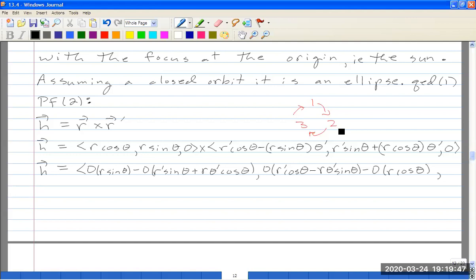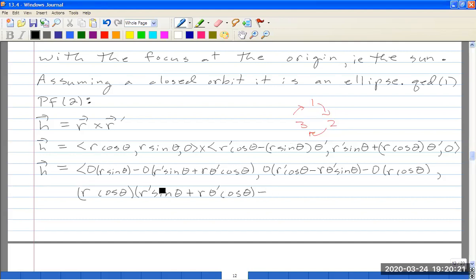So 1, 2. R prime sine theta plus R theta prime cosine theta minus 1, 2, 2, 1.